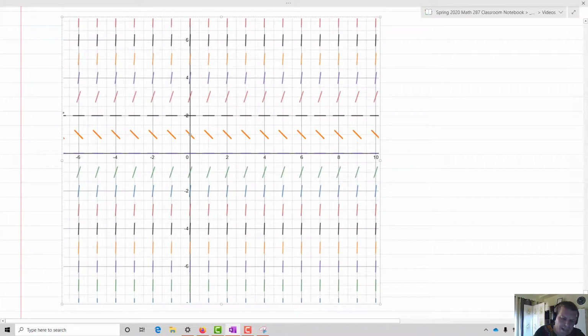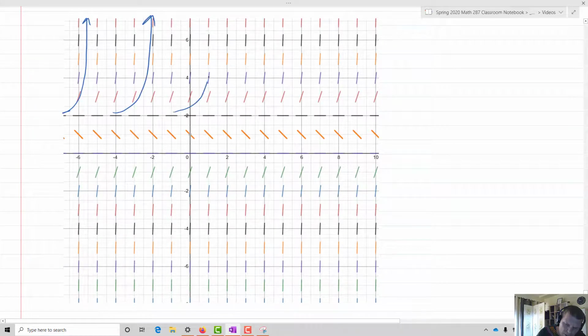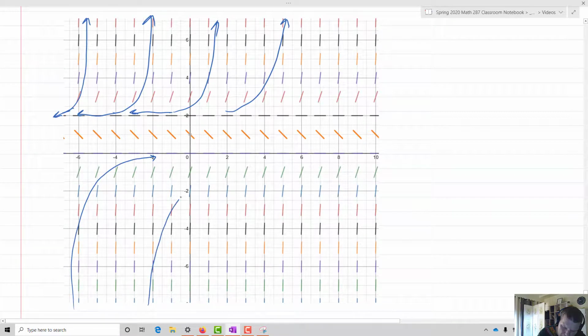What we can see is that above y equals 2, those functions look exponential. On the other hand, when we're below, they also look exponential, but they're moving towards y equals 0.